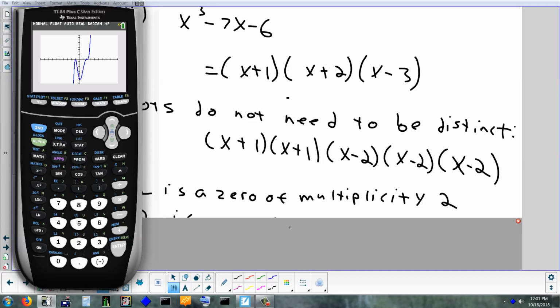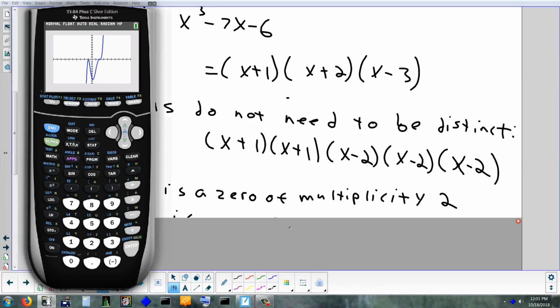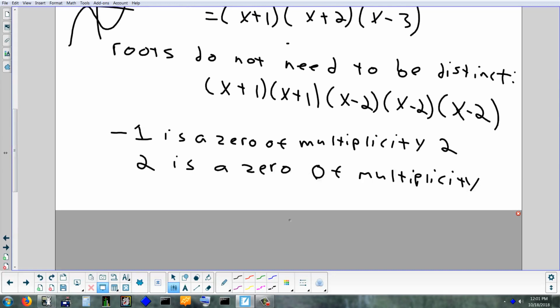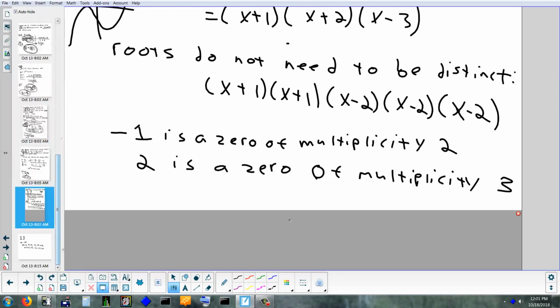Now, it goes right through, but it actually did a little curve in there. But it did bounce away like I thought. That makes sense because it would be acting as an x to the 3rd power essentially for that part. So 2 is a root of multiplicity 3. Repeats 3 times.